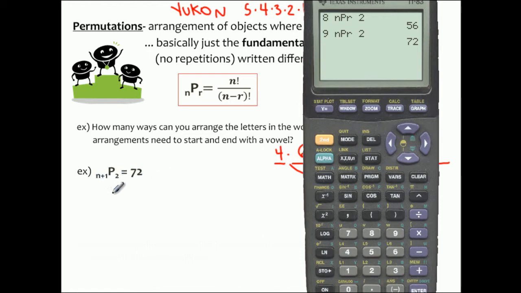Picking 2 gives 72. So we need to subtract 1 from the 9 in order to get what n is. So it would be 8 plus 1, pick 2, and give us 72. The other way that we can do this is by writing out the formula. Where we have n plus 1 picking 2 at a time, we can use this part of the formula and see what that gets us.